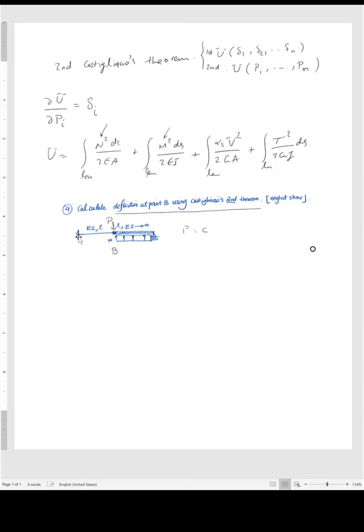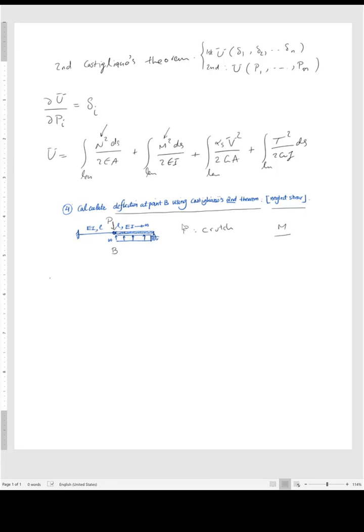So P is kind of like a crutch for us to be able to solve the problem. All right, so we should start analyzing the problem for moments. We want to neglect shear, and for beams we never consider any axial forces, so we are just looking at the contribution of moment to energy.